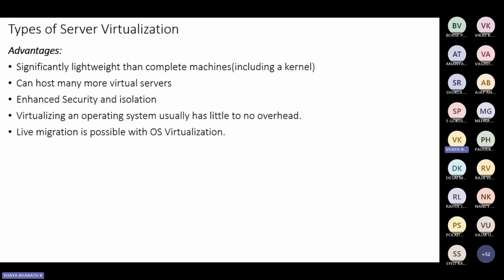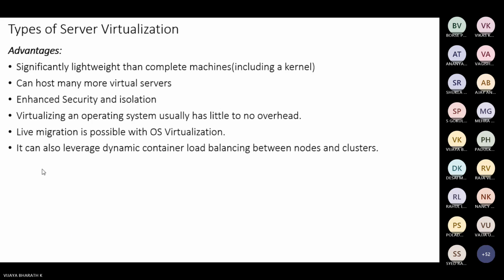If you virtualize the OS, it usually has little to no overhead. Here also live migration is possible with OS virtualization. It can also leverage dynamic containers using load balancing between nodes and clusters.